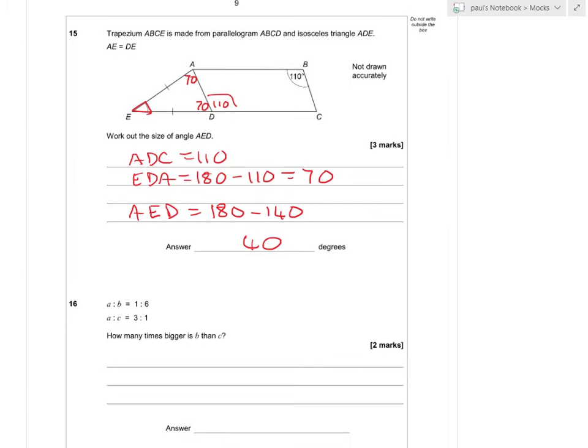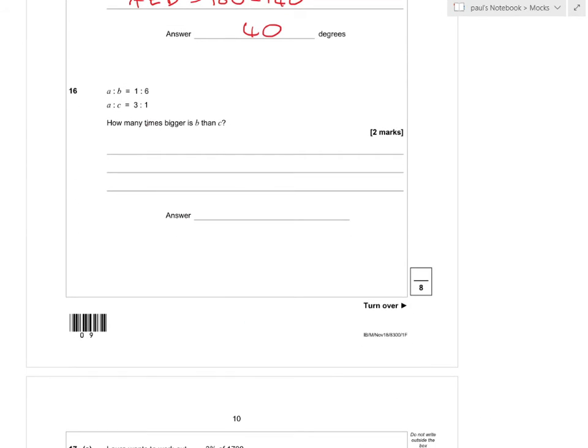Okay, what we got here? Oh, one of these ratio things. Never very good at these. How many times bigger is B than C? So A to B is 1 to 6. And A to C is 3 to 1. So we've got to get A's the same. So let's multiply these things by 3.